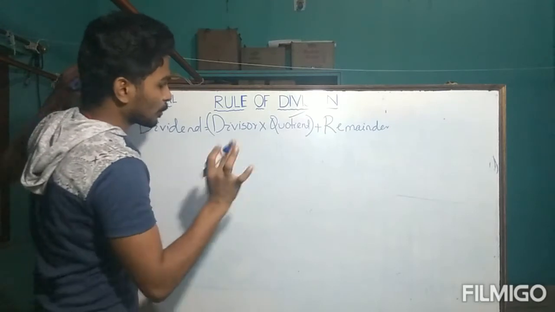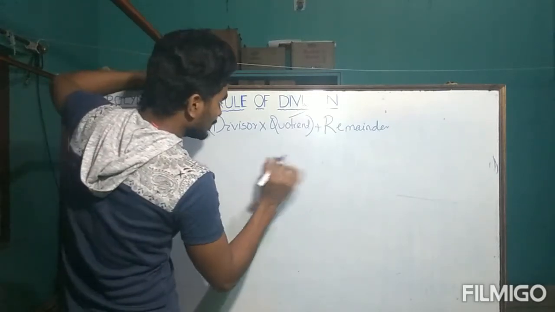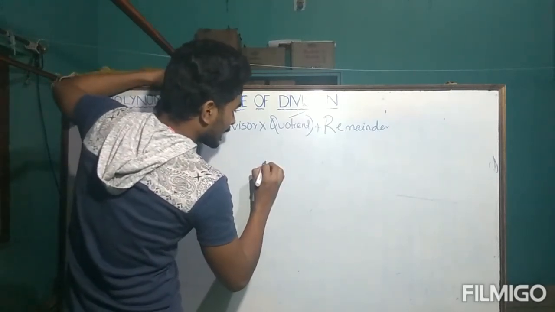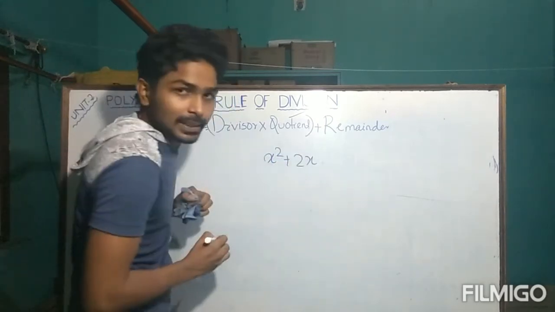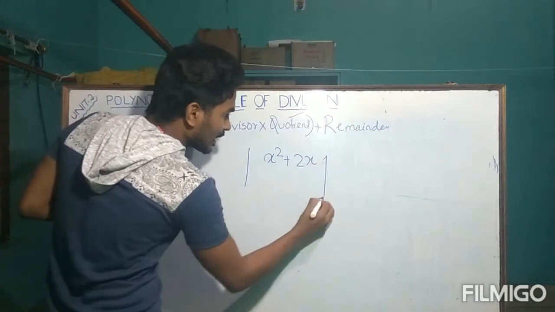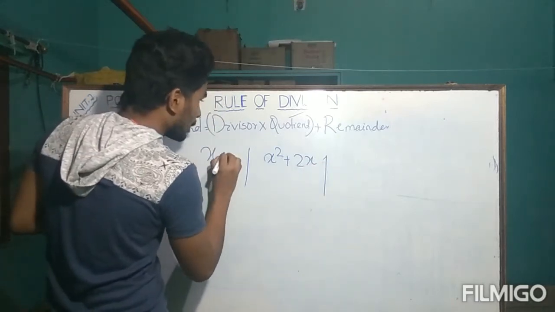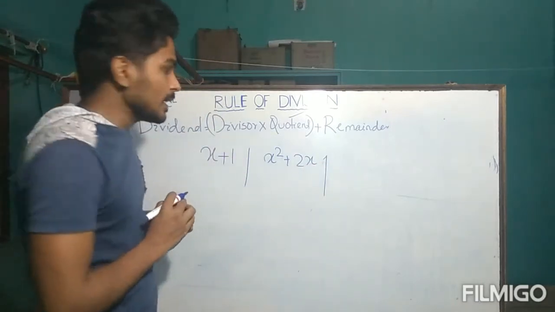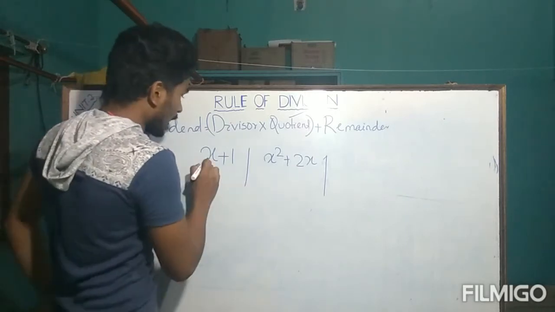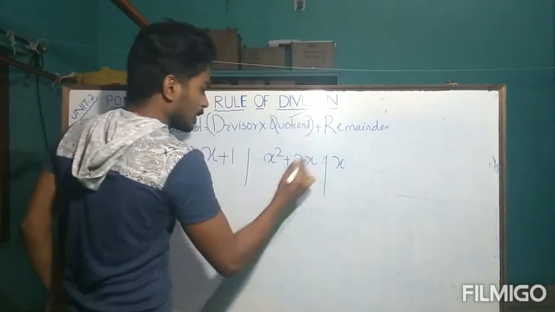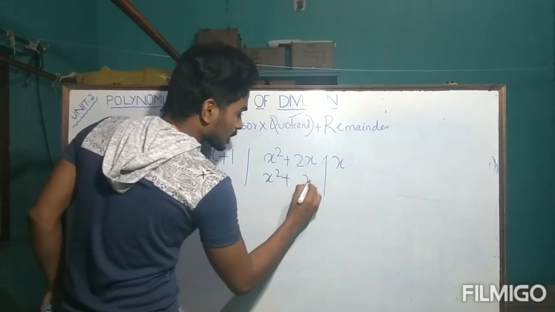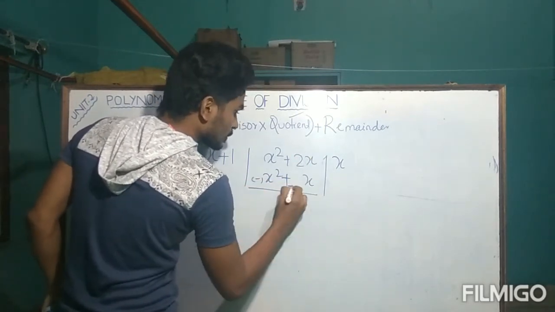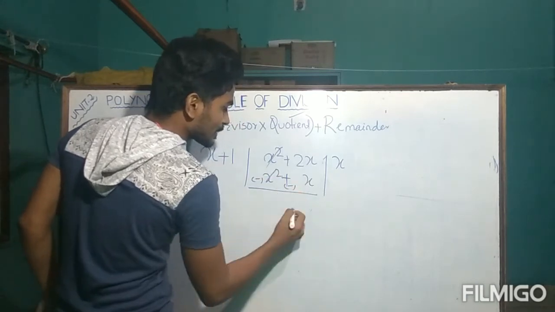Let us take an example of polynomial division. Suppose we are going to divide x square plus 2x by x plus 1. Multiply x to give x square, and 1 into x gives x. So this x square cancels out, and 2x minus x is x.